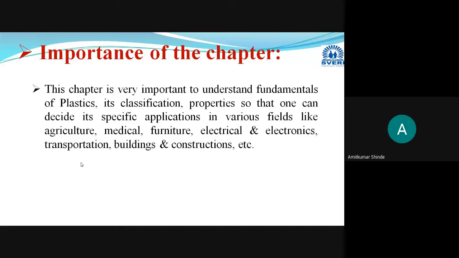Depending on their properties only, we can decide the specific application of that plastic material in different fields, like the agricultural field, medical field, electrical or electronics field, construction field, and transportation field. Depending on the fundamental knowledge of plastic materials, and after studying their classification and properties only, we will be able to decide their specific application. So that's why it is necessary to study this chapter. This is the importance of this chapter.